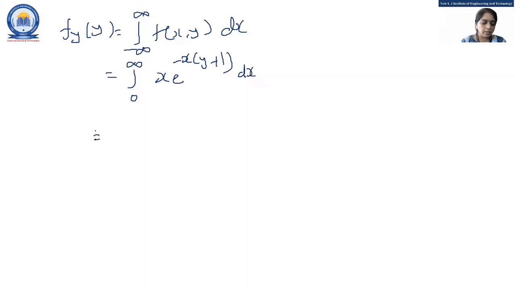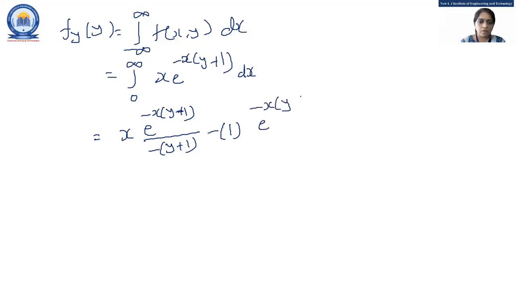So here integration is what? x, keep it same, e to the power minus x(y plus 1) upon minus (y plus 1), minus derivative of x with respect to x, which is 1, and e to the power minus x(y plus 1) upon (y plus 1) whole square, and limits are 0 to infinity.